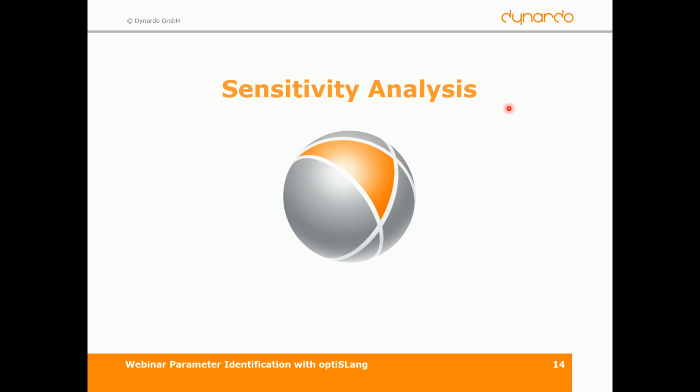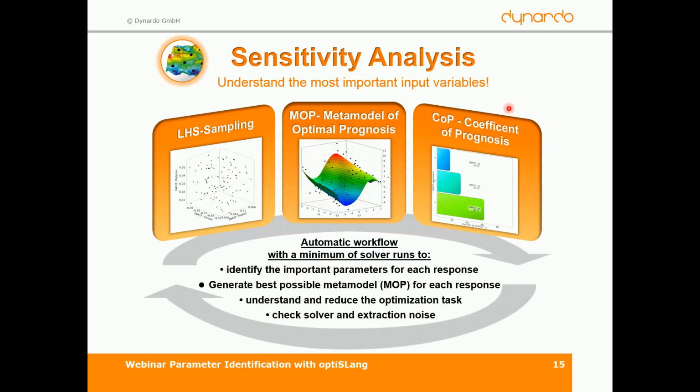Now I want to take a view at the sensitivity analysis, because we must identify parameters that are important for the model responses, and we want to filter out the really unimportant parameters we found in the simulation.